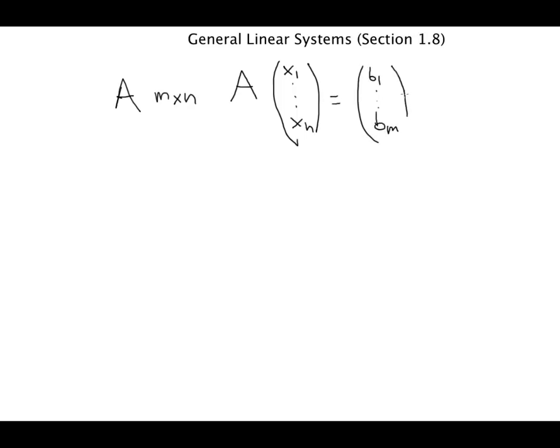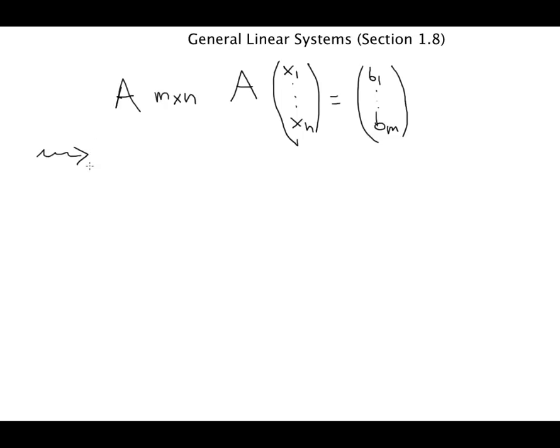Let's consider a fairly general situation. So suppose you have an m by n matrix A, and we have an equation of the form A times x1 through xn is equal to some vector b1 through bm.